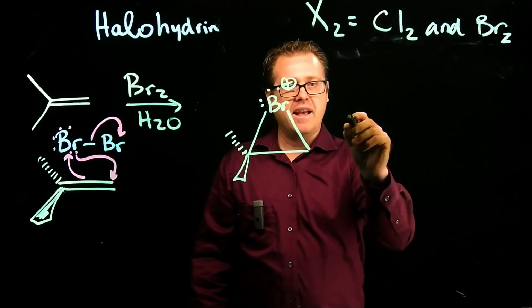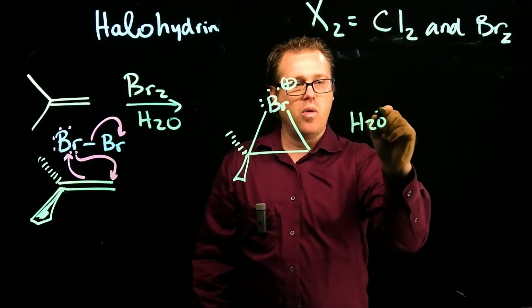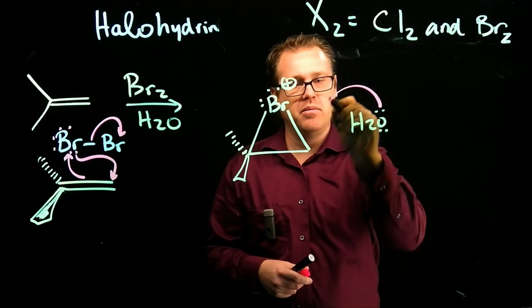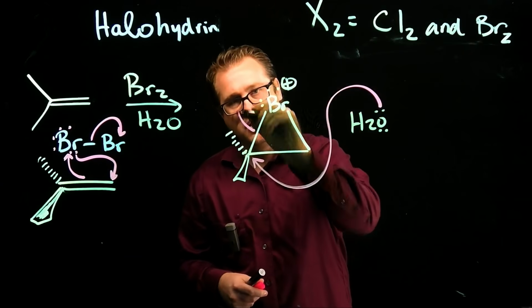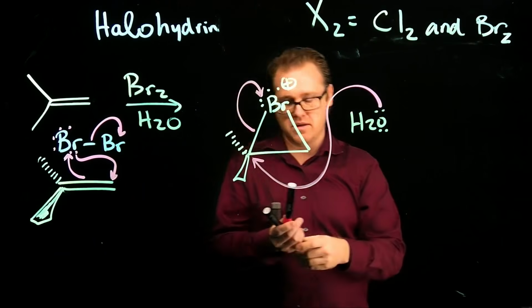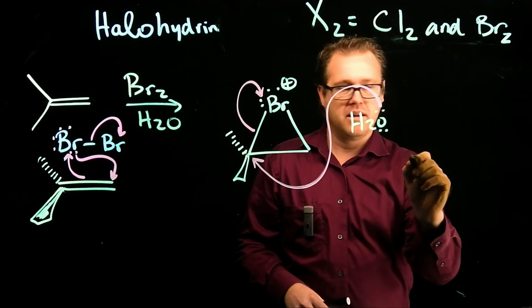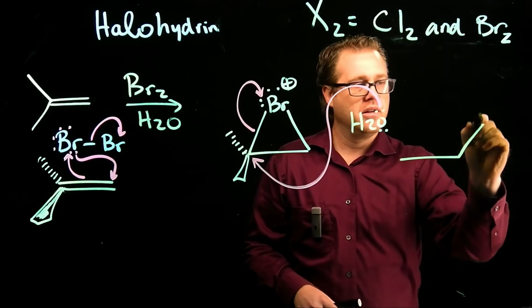And based off the answer, we saw that water, where did it attack? It attacked the more substituted carbon, broke that bond like so, and gave us this right here.